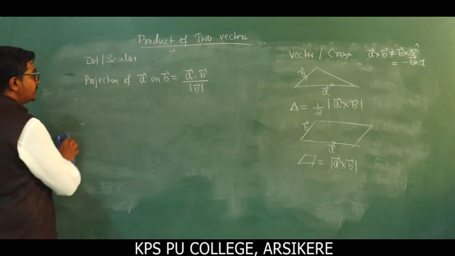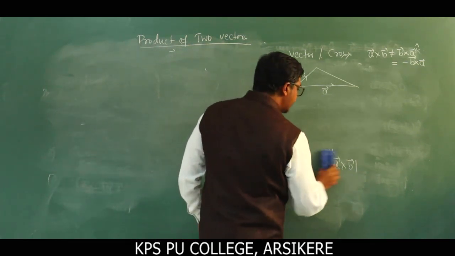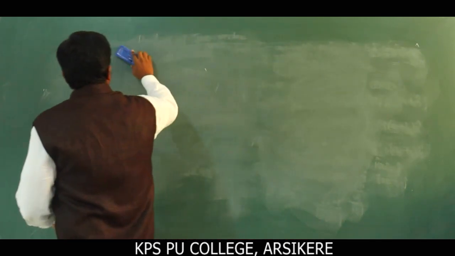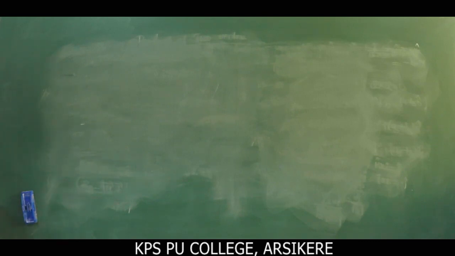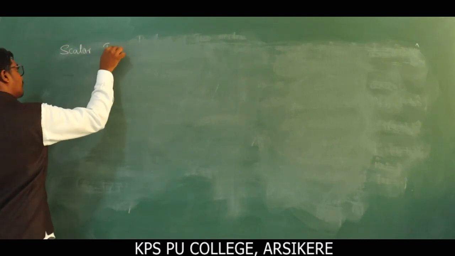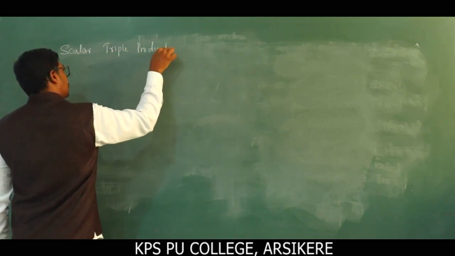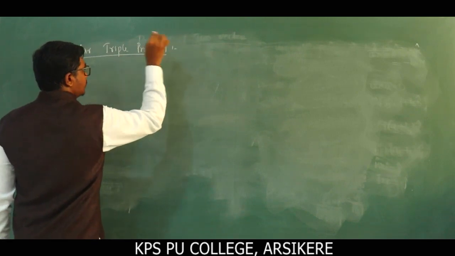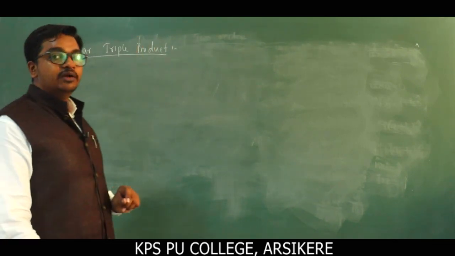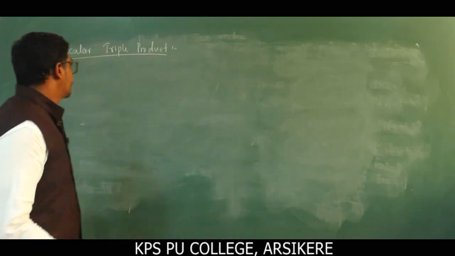Next we are going to discuss the last topic, scalar triple product. Suppose we have three vectors, vector a, vector b as well as vector c.